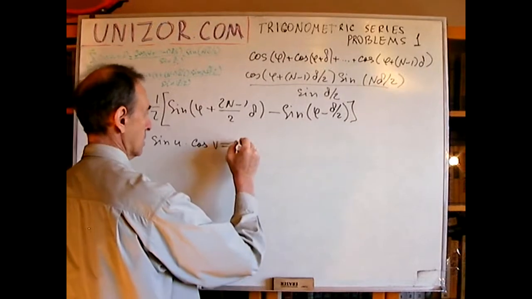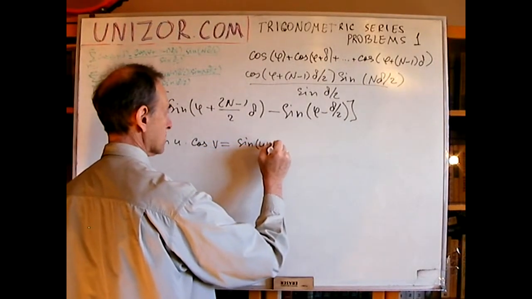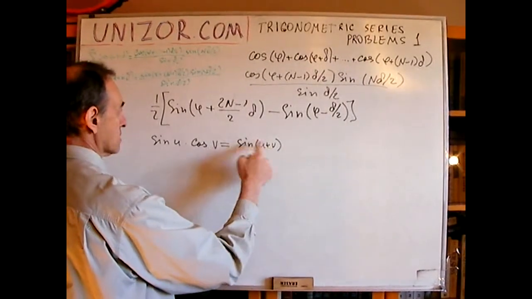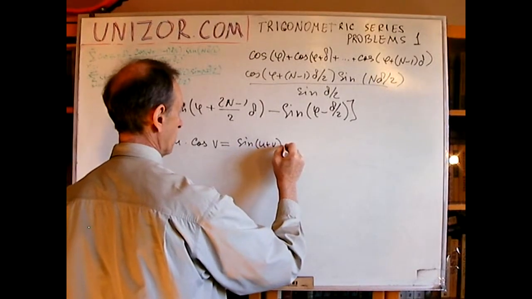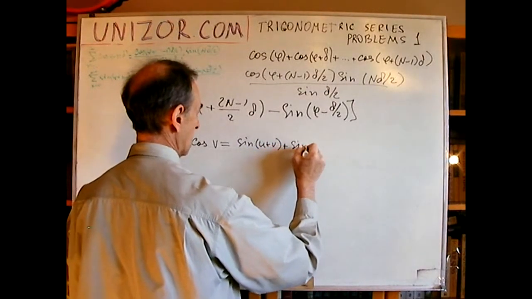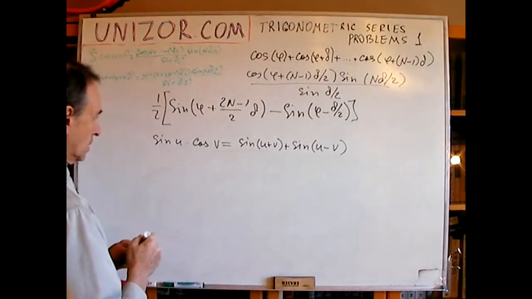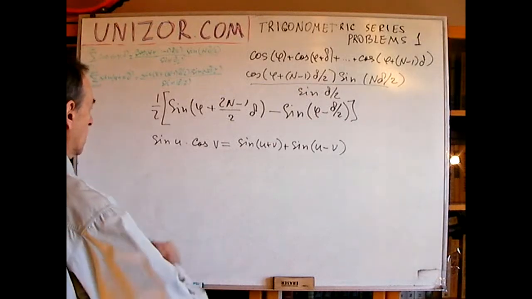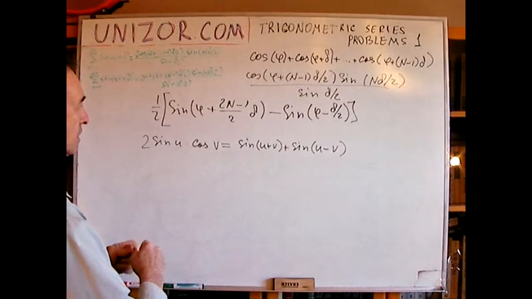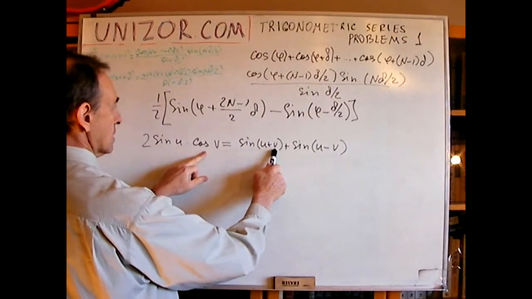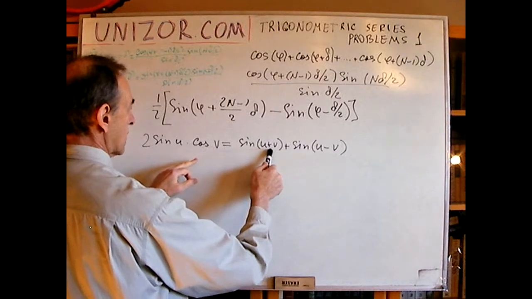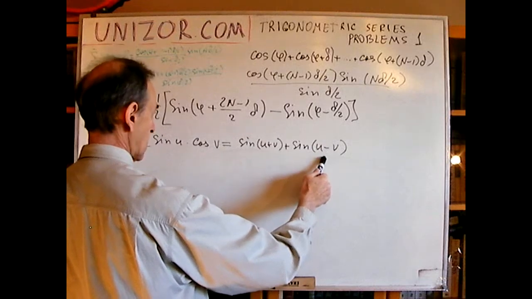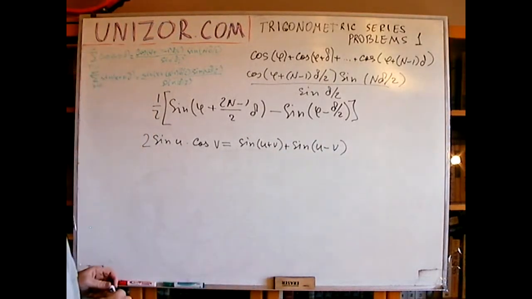Now, this is sine of u plus v, right? It will be sine u cosine v plus cosine u sine v. Then plus sine of u minus v. Am I right? Is that the right thing? And that would be 2, obviously, right? So again, sine u cosine v, which is this, and this is sine u cosine v. And then the second member would be cosine u sine v, and this is minus cosine u sine v, which is reduced. So that's what we have.